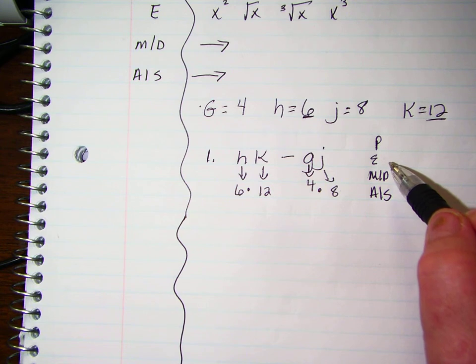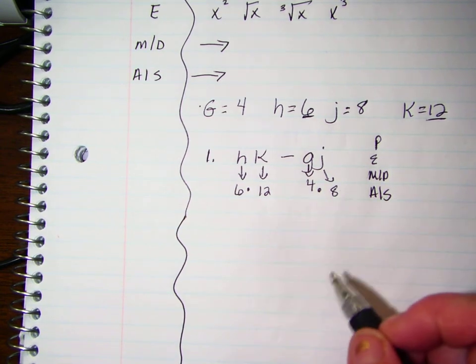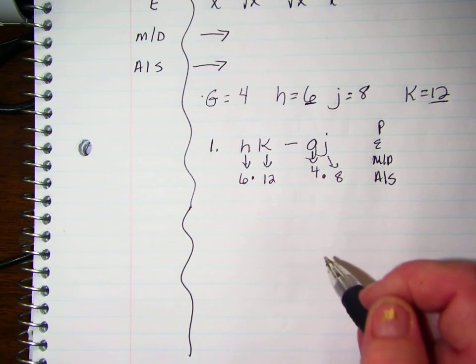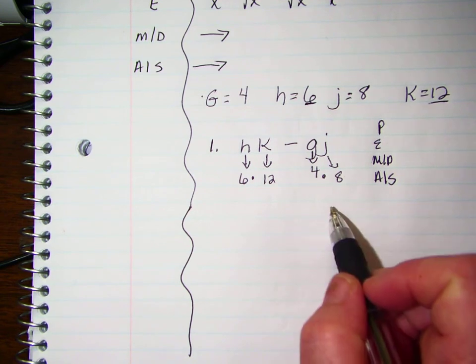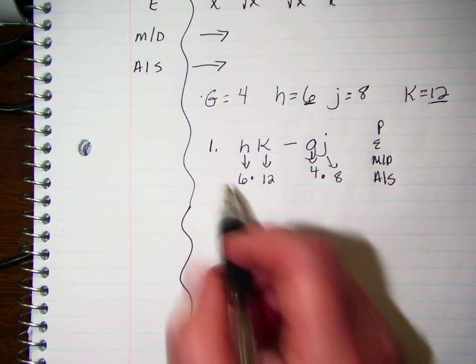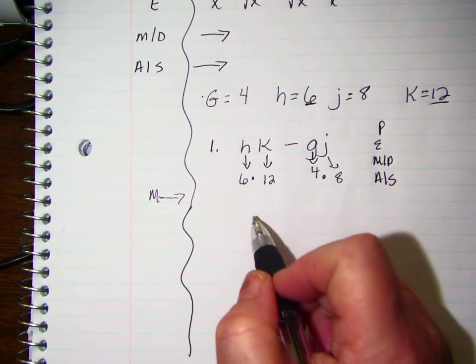Do we see any exponents? Okay, now Josh, what would you do next? Right, and we always multiply left to right. So which one will we hit first?